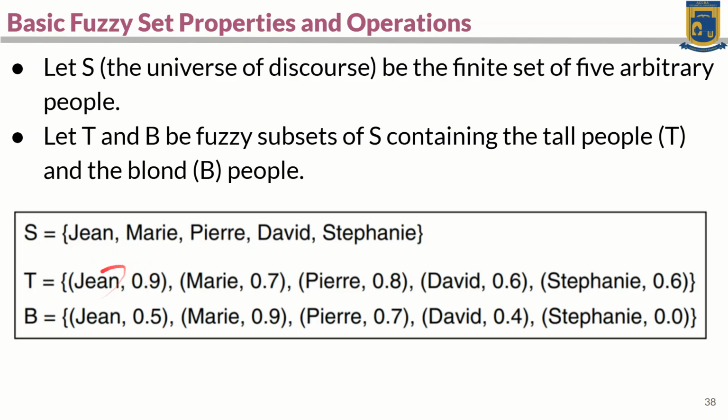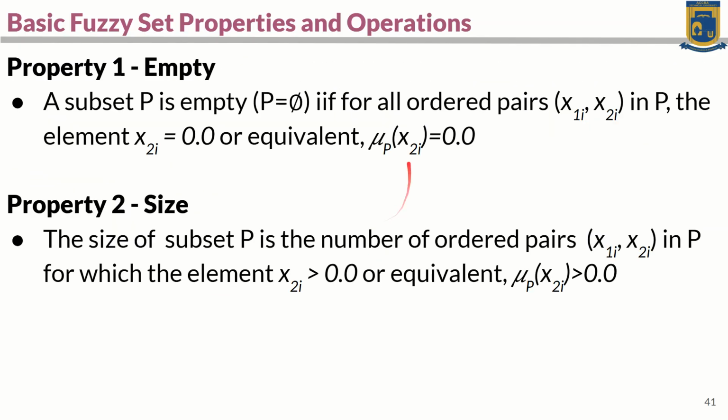Jean, and what do I put? The member and the degree of membership. That is the ordered pair. So we are considering the member and the degree of membership. We are saying that if it is empty, the ordered pair has two different things: this is 1, this is 2, so this is different from this.